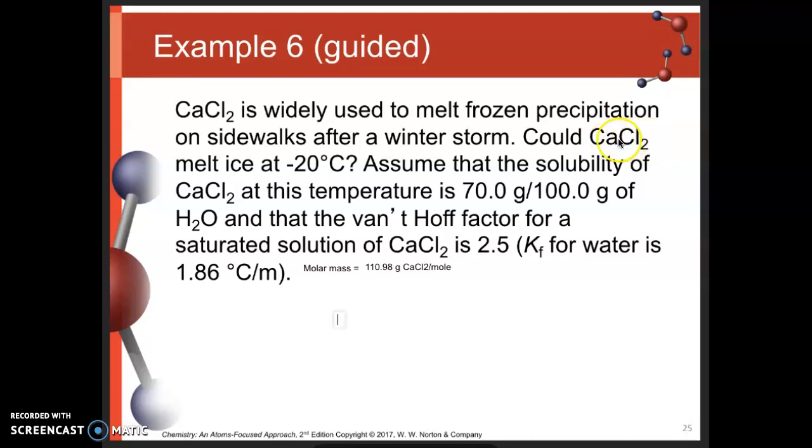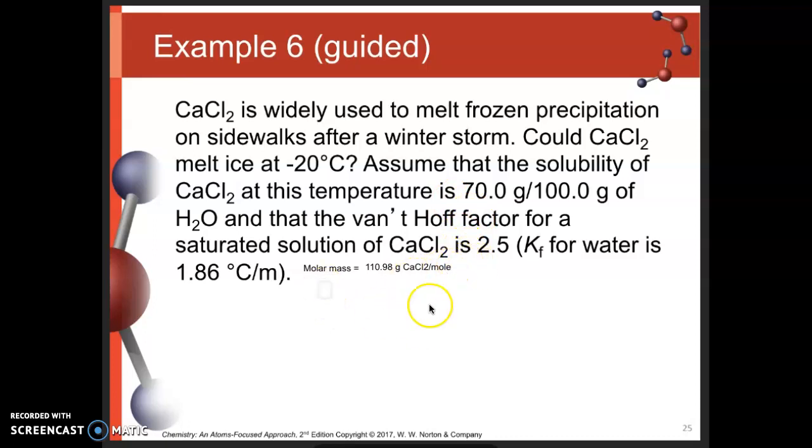But because of the concentration here, we anticipate that the factor is 2.5. That is, some of those calcium chloride ions come back together and remolecularize into calcium chloride molecules at this high of a concentration.